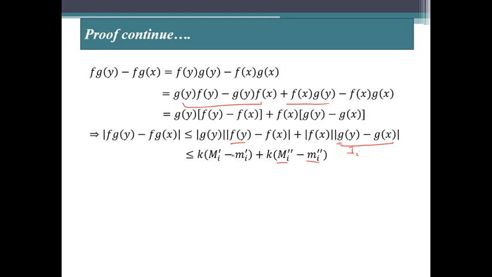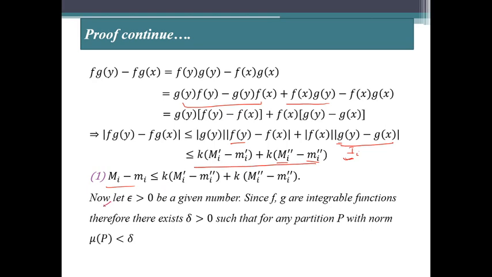So their difference will be maximum as compared to any arbitrary two points in the i-th subinterval. So from this inequality we get that the difference of the product function between arbitrary values will be less than capital Mi minus small mi, and this value will be less than or equal to this inequality.